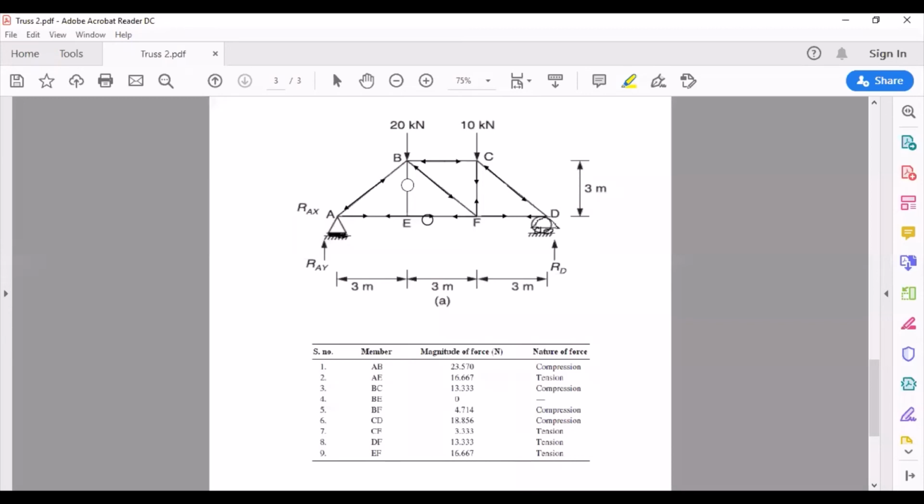Finally, EF, E to F, is moving away, so tension, 16.67. Now see, this table is very, very important. You count the number of members: 1, 2, 3, 4, 5, 6, 7, 8, 9. You should have 9 member forces here, along with magnitude and nature. So this completes the problem.